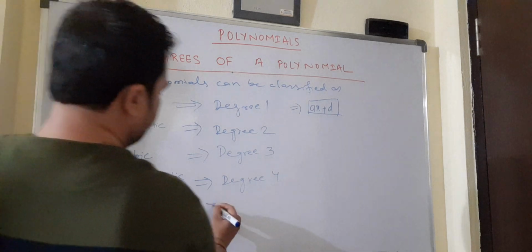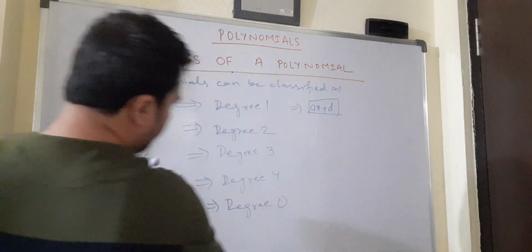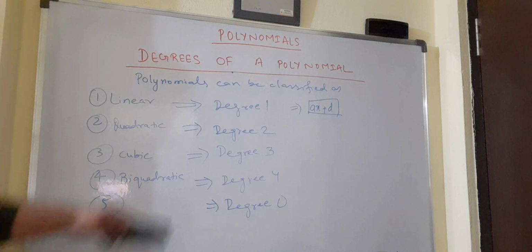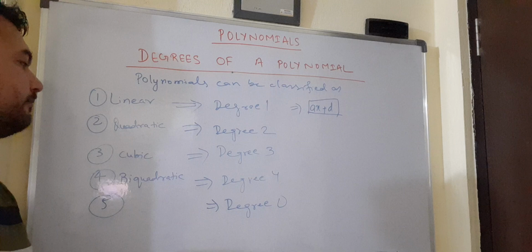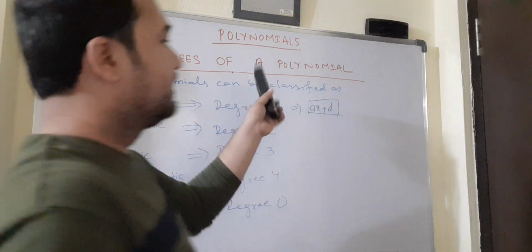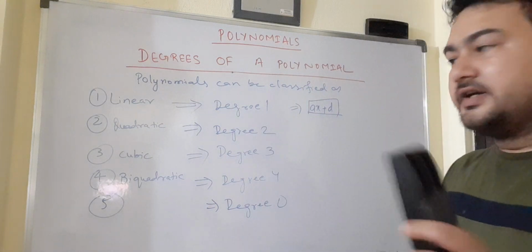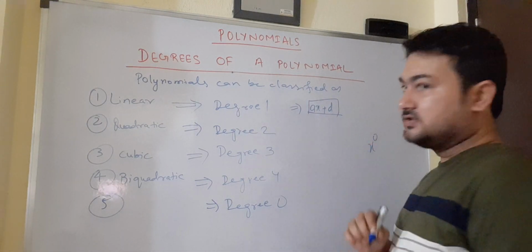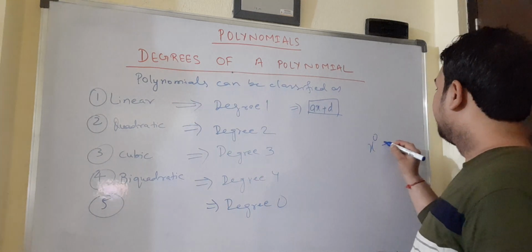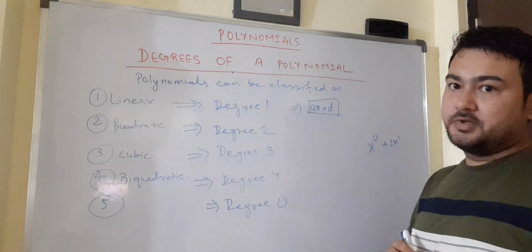If it has degree 0, then what? If it is 1 linear, 2 quadratic, 3 cubic, 4 biquadratic. But what if its degree is even less than 1? The degree is 0. When will the degree be 0? That is when the highest power of x is 0. Not plus 2x, because x to the power 1 will be there.